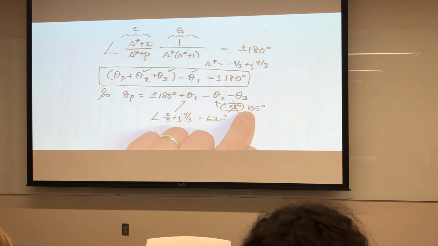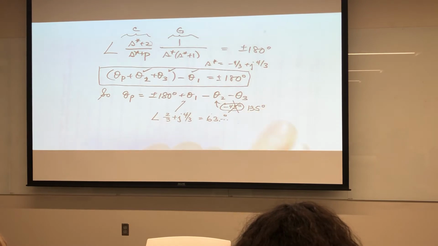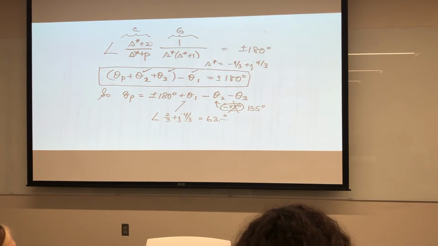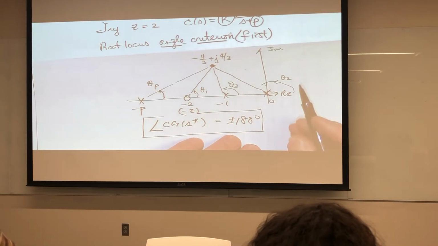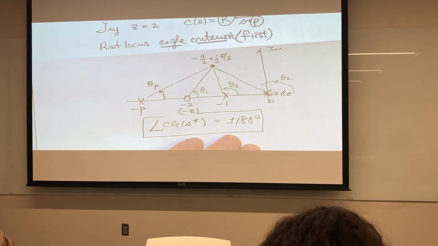If we're off by 180, that's okay as long as we have another 180 in the picture, because 180 plus 180 is 360, which is the same thing as 0. But if we don't have another 180 somewhere in the problem to cancel that out, then the multiples of 180 do matter. So we need to be aware that we're doing something inconsistent, and make sure that we do it inconsistently twice.